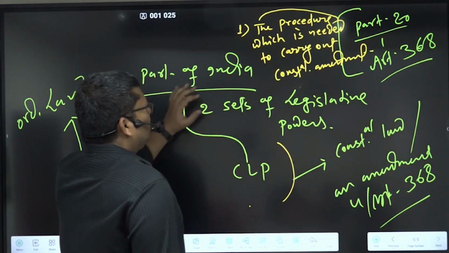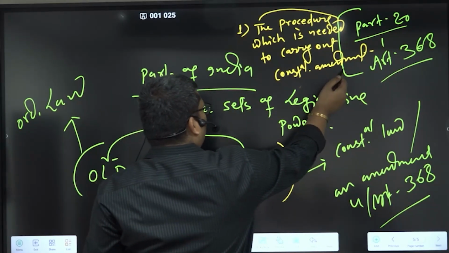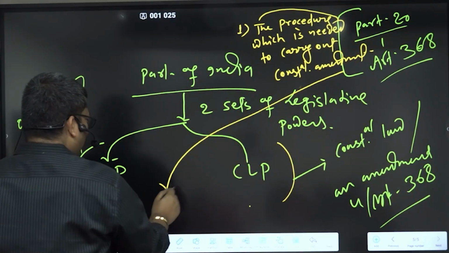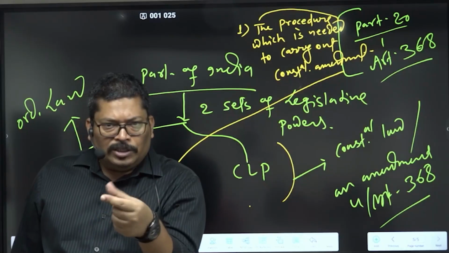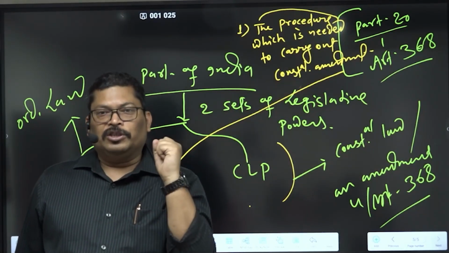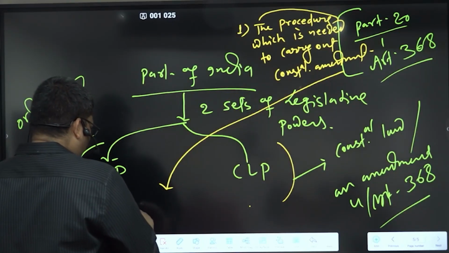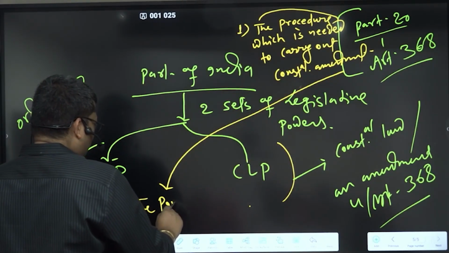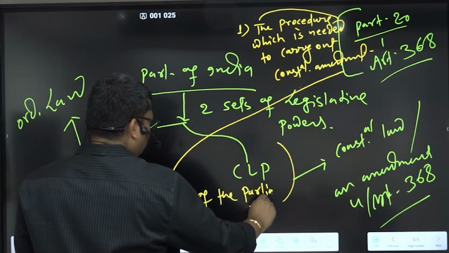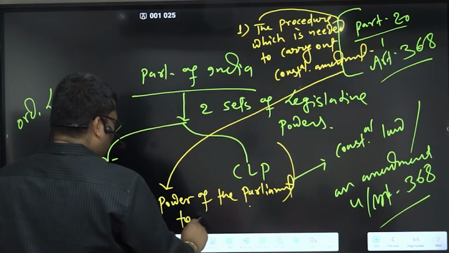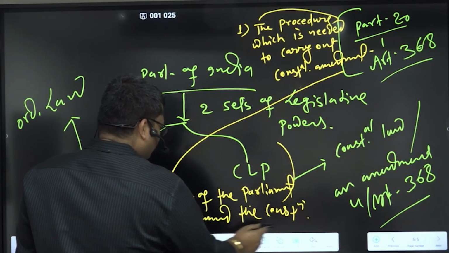Second thing which is given under Article 368 is that it also makes us know about the fact that it is the Parliament of India which has been vested with the power to amend the Constitution. So, the power of the Parliament to amend the Constitution.